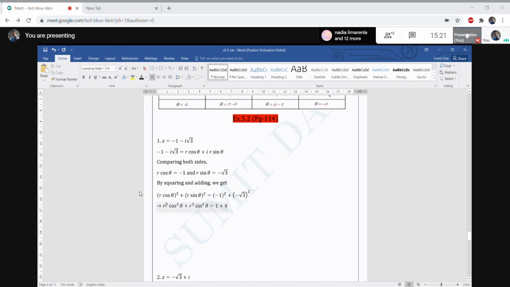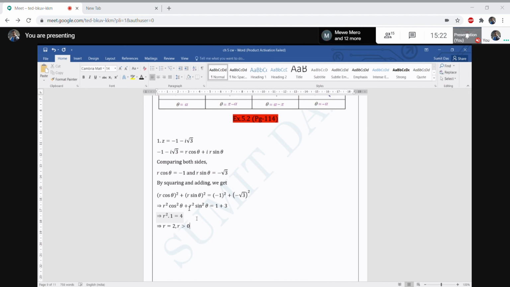Next line, r square, because if you take r square common, it will be cos square plus sin square, which is 1, equal to 4. So r value we will get 2, as r is greater than 0.